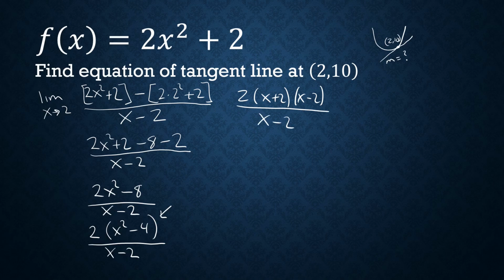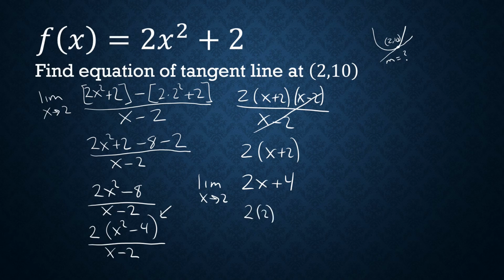Notice we have an x minus 2 on top and bottom, so those cancel out. So we have 2 times (x plus 2), or 2x plus 4. And I want to find the limit of that as x approaches 2. So we have 2 times 2 plus 4, or 4 plus 4, which equals 8. So our slope equals 8.